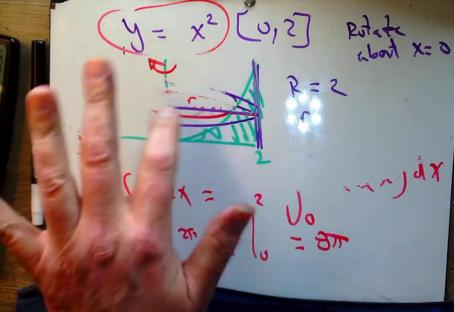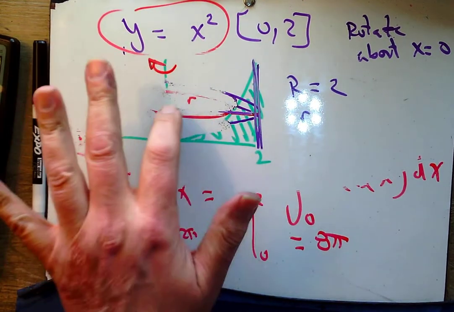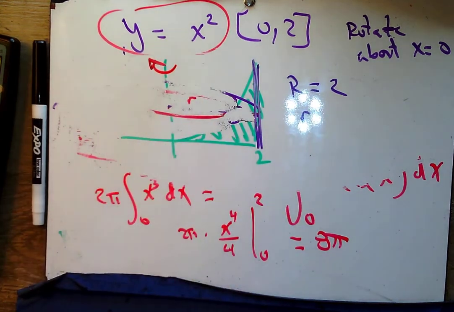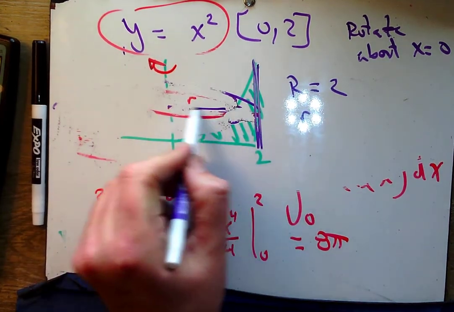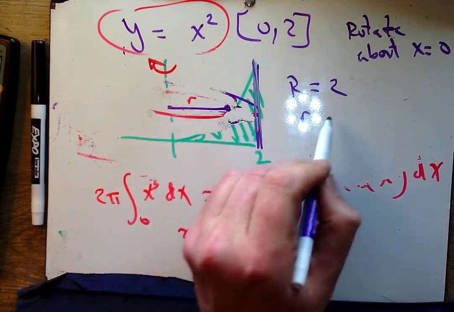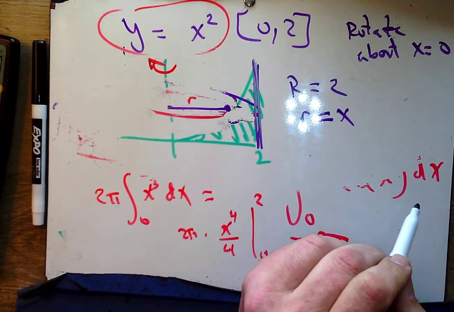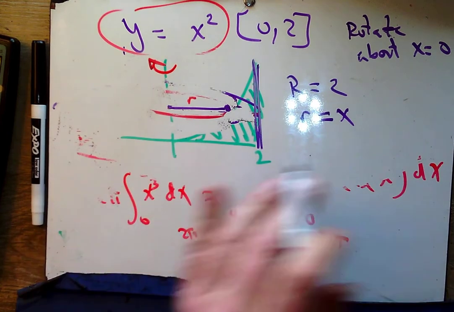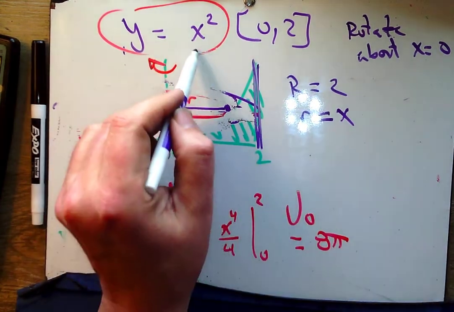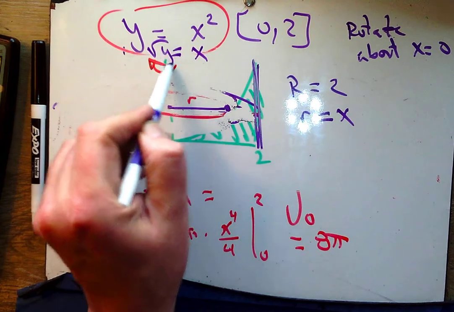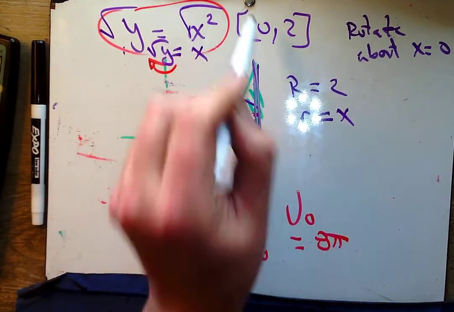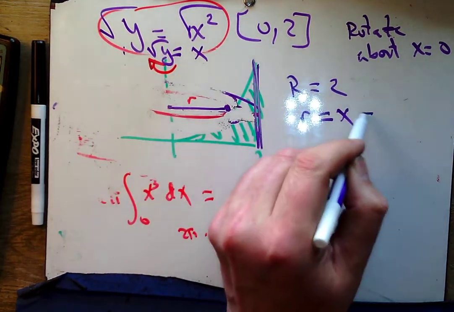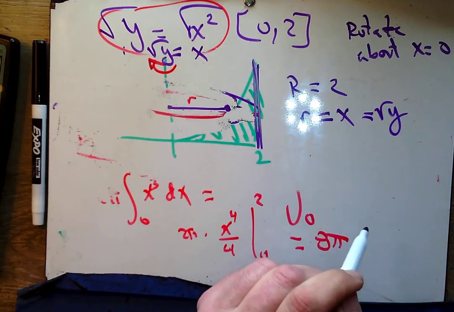This is a dy integral. But what I see is that little r is x. But since this is a dy integral, I know that I can't have x stuff, so x is the square root of y. Okay, square root of y.